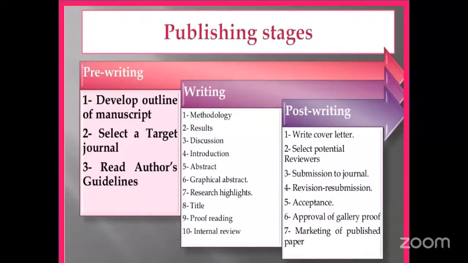A graphical abstract is an indicator of the whole information about your manuscript, given through an image representation. That is called a graphical abstract. And for research highlights, you have to give four bullets, each bullet giving the importance of your research, and the title.